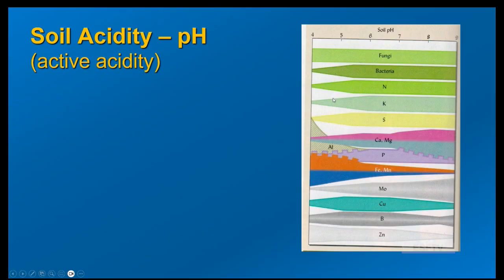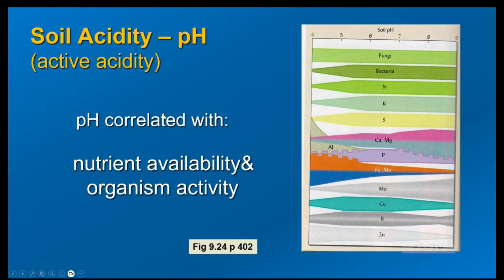Their solubility and availability are affected by pH. And then we have things that are at high concentrations at low pH. So pH is a driver of nutrient solubility and availability. That's why we care about it. It's so easy to measure, and it's such an important variable to give us so much information. That's why I bother.